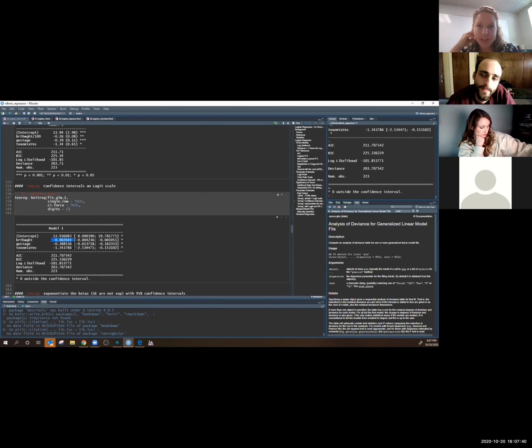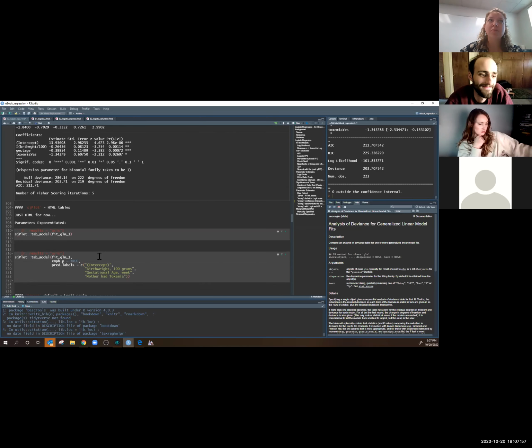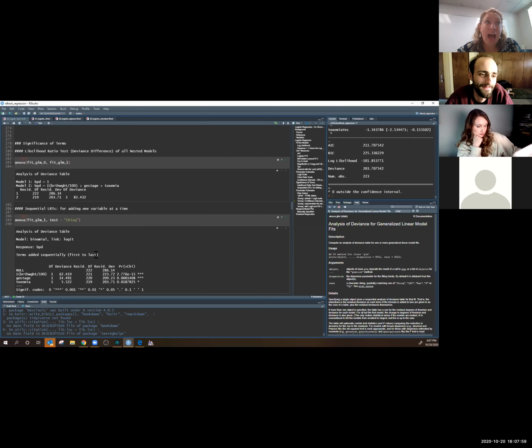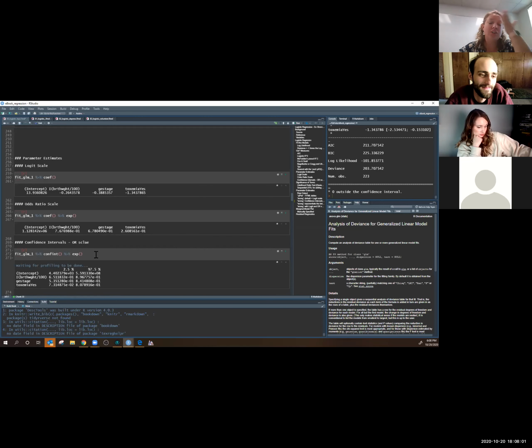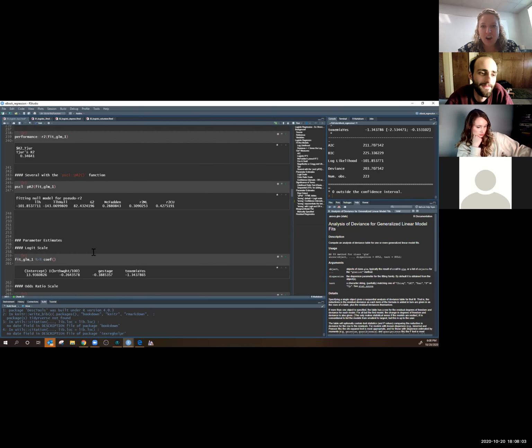I just took birth weight and divided it by 100 so that this beta and the odds ratio weren't so tiny, especially because 1 gram is a minuscule amount to talk about. It's non-trivial, and what happened is I did it without doing that, and I'm like, oh my gosh, this is so tiny, I can't even talk about it.